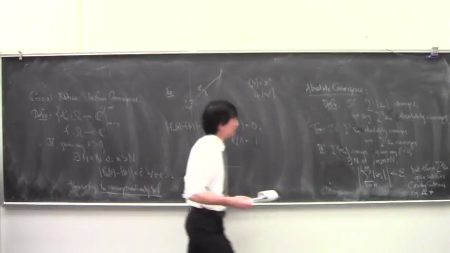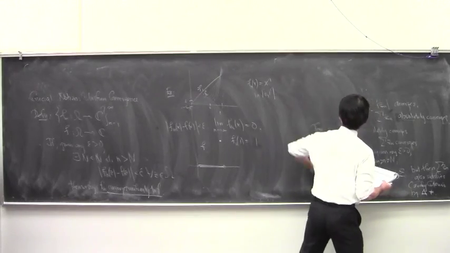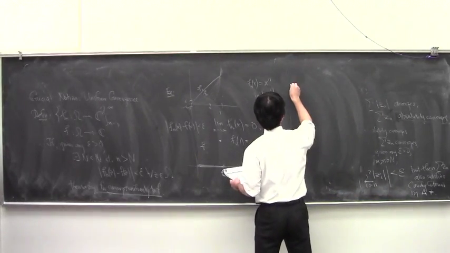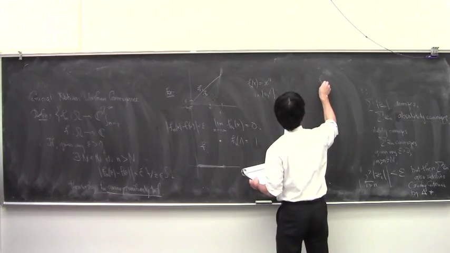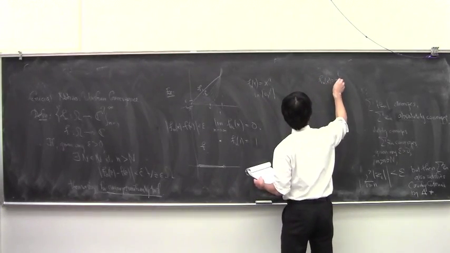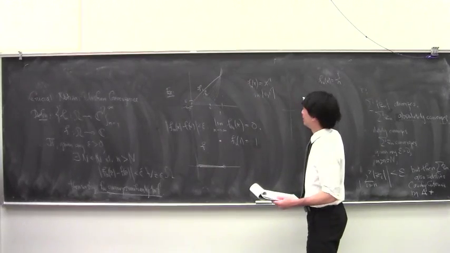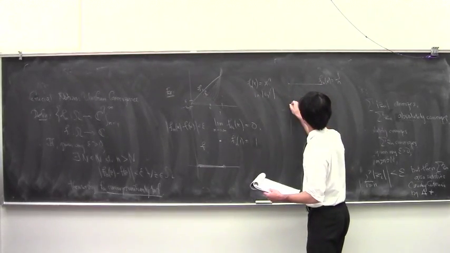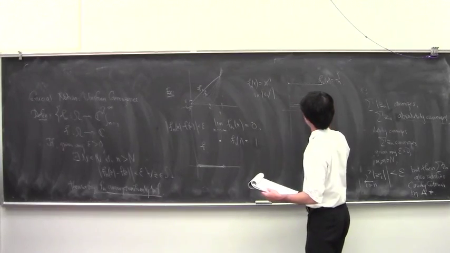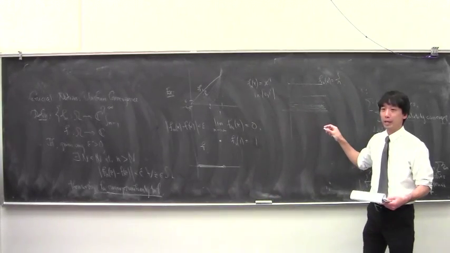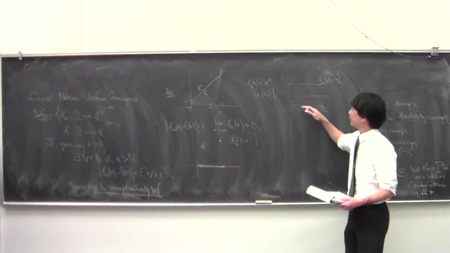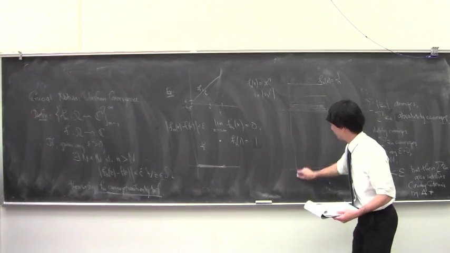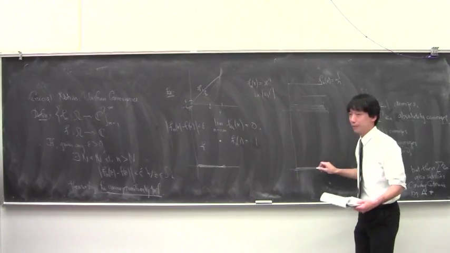Let me give you an example of something that actually is uniformly convergent. So if I had something dumb like this, suppose I let f sub n be just the constant 1 over n. At time 1 it's this, at time 2 it's this, at time 3 it's this, at time 4 it's this. It's just dropping. And the limit function is just going to be the 0 function in this case.